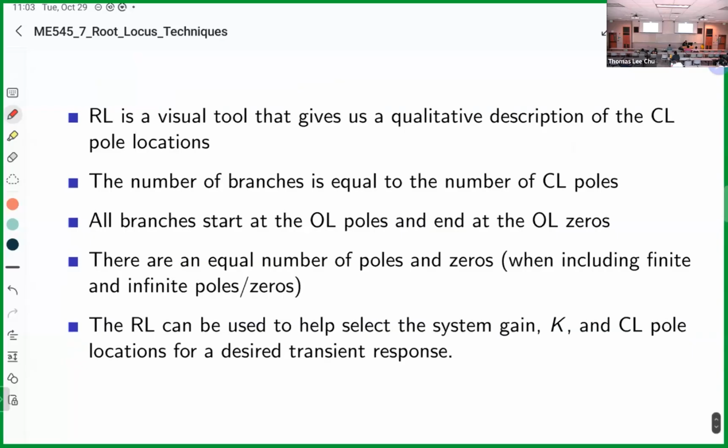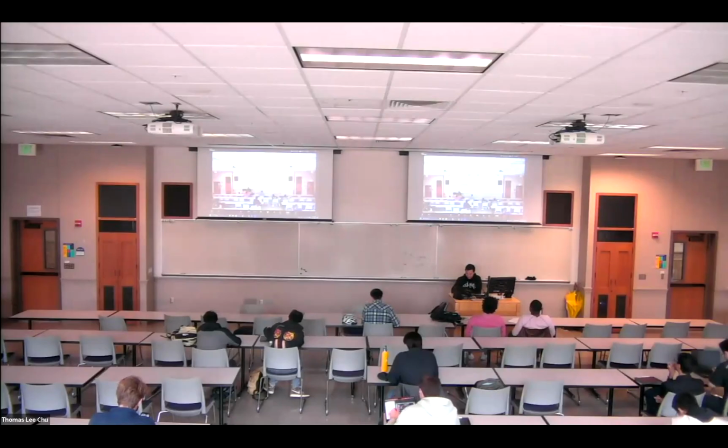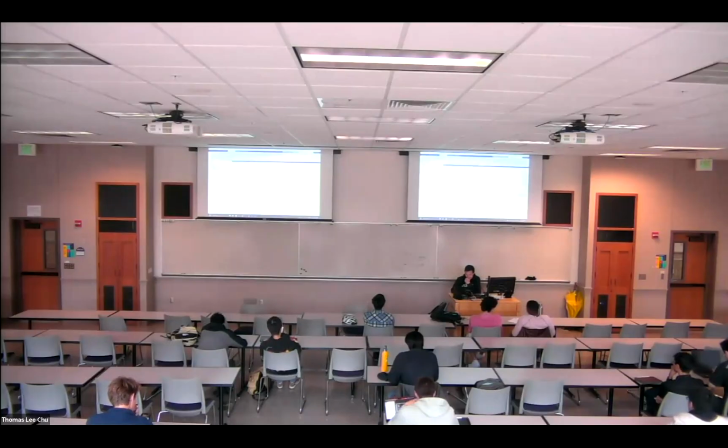That ends that. I just have a very, very brief demo on how to use root locus. I just have a generic transfer function here, G, and with some tricks here.